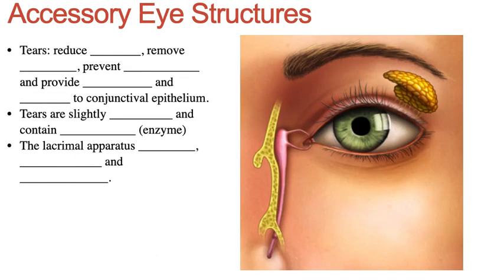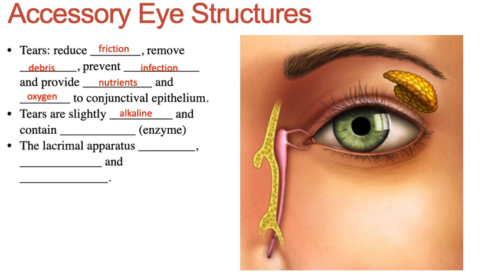The next accessory structure I want to discuss is the lacrimal apparatus. The lacrimal apparatus produces tears, and they keep the conjunctival surface moist and clean. Tears reduce friction, they remove debris, they prevent bacterial infection, and they provide nutrients and oxygen to the conjunctival epithelium.